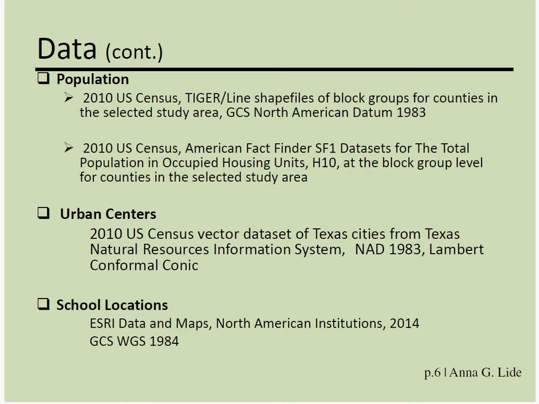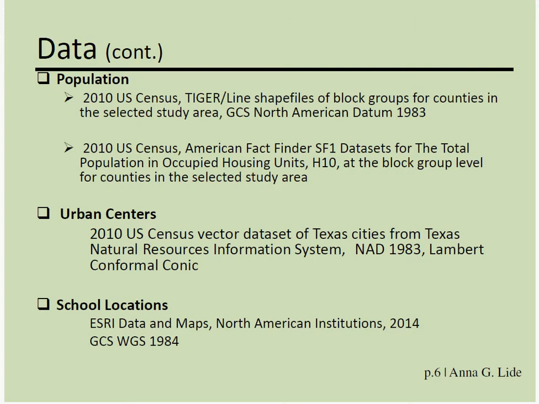Population data at the block group level was obtained from the 2010 U.S. Census. Urbanized areas were viewed using urban polygons in Texas, also obtained from TNRIS.